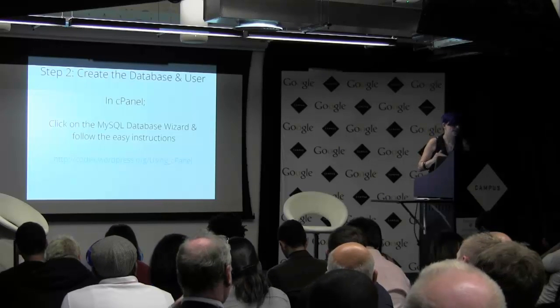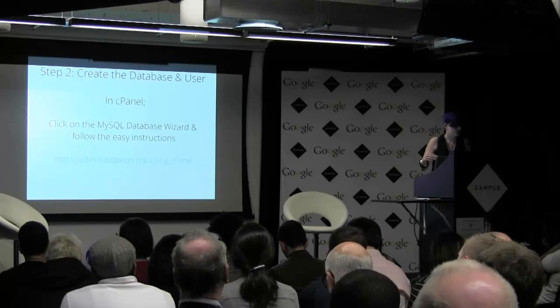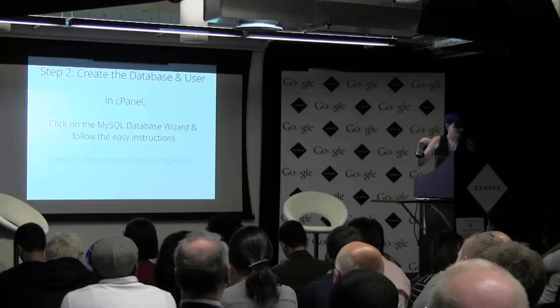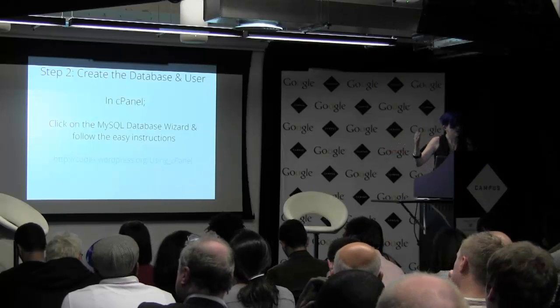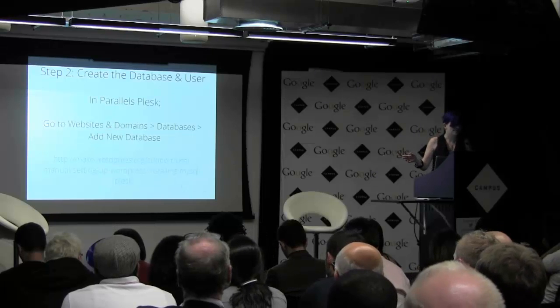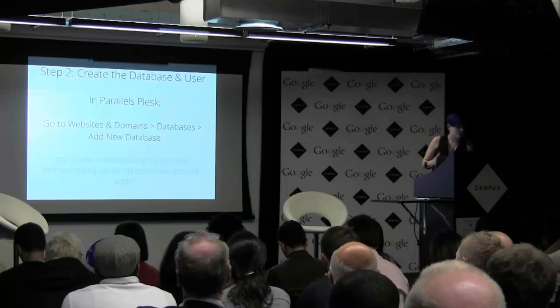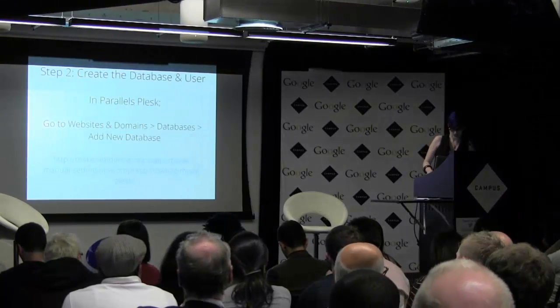It's pretty self-explanatory, so I'm not really going to go through these, except to say that if you want to use the MySQL database wizard, say in cPanel, there are detailed instructions that you can find on WordPress.org, but it's just basically filling in fields, and there's a similar one for Plesk as well. So, like I said, I'm not going to go through this because it's quite straightforward. It's just filling in the fields and then following the instructions as you go.